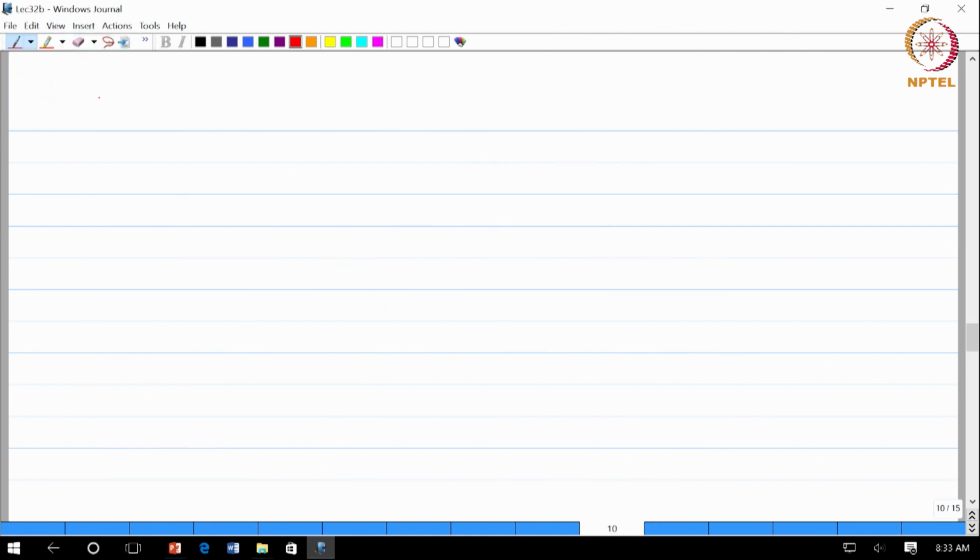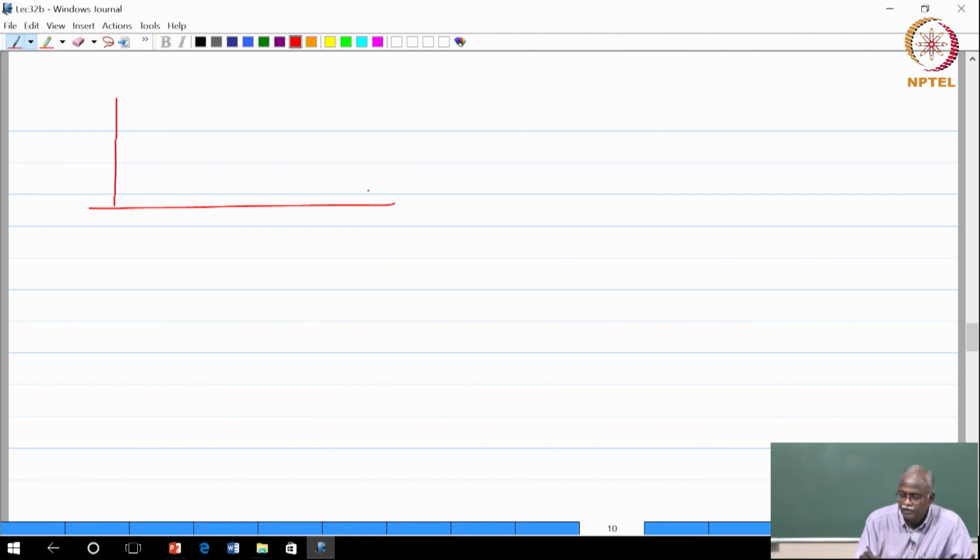Another related concept is also important. Today what we are doing for water filling is this, am I right? You are dividing the channel into subbands, or your signal into subbands, and you are assuming that the signals are orthogonal, but what will it be in practice?